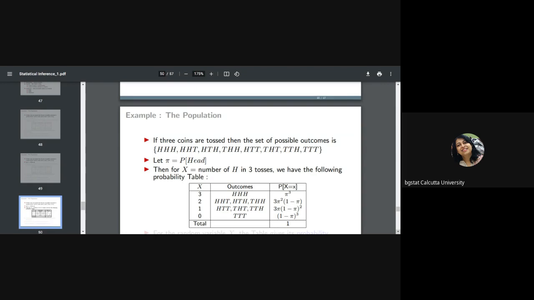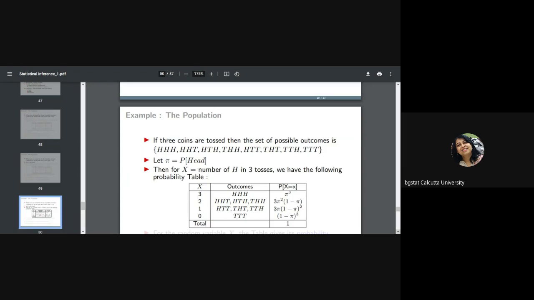So look at all the 8 possible results and count out the ones where x is equal to 2. So these are HHT, HTH, and THH. So what is the probability of HHT?